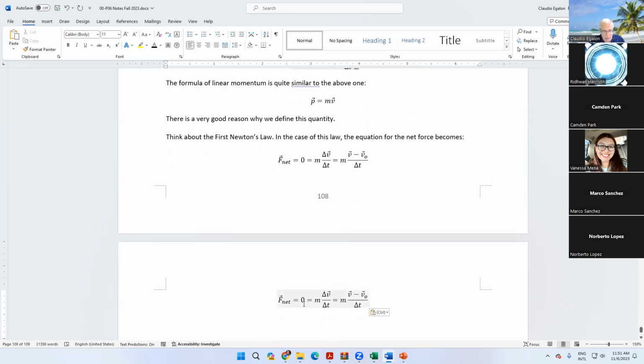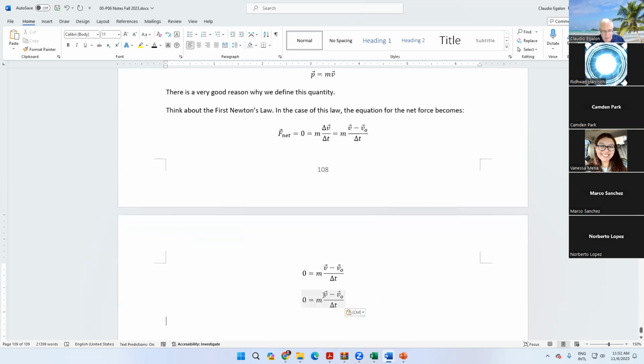If we pass the delta t to the other side, we're going to have something fairly similar to what we saw for the linear momentum.